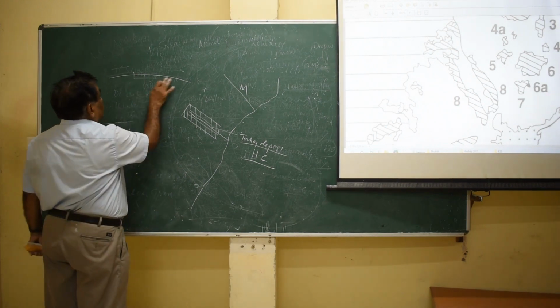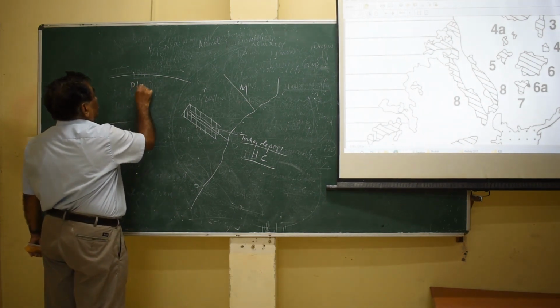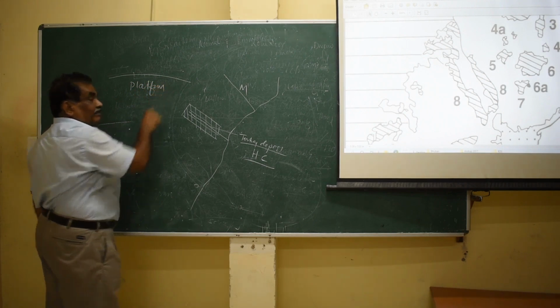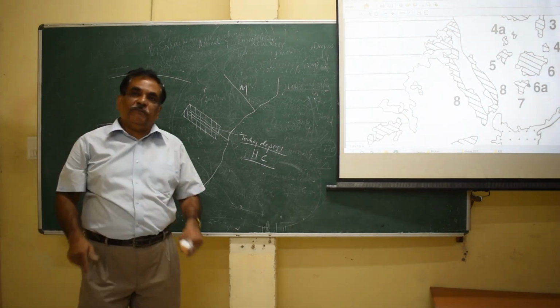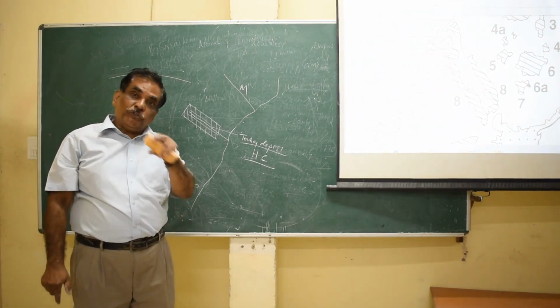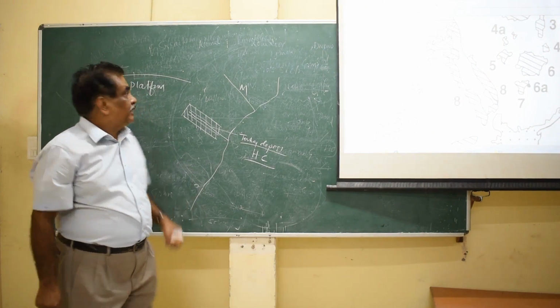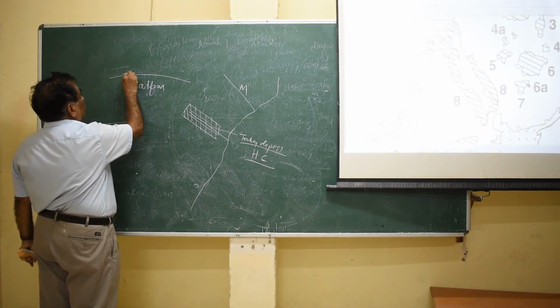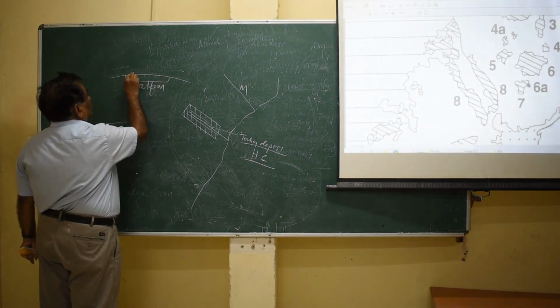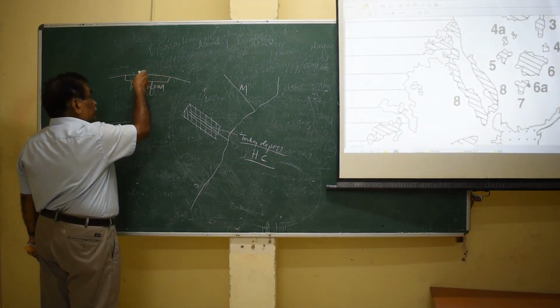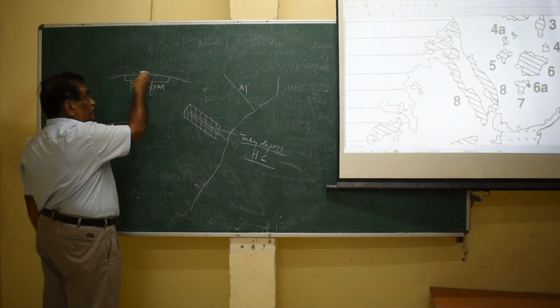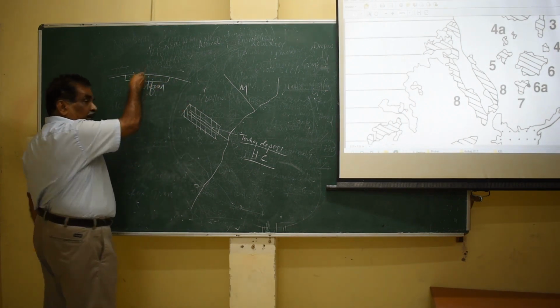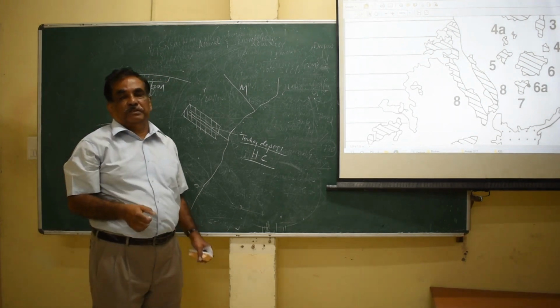So here was this platform. Which platform? Pranita Godavari platform. Proterozoic rocks. Here, platform rock was there. Now it was lifted and gave way to the Gondwana deposits.